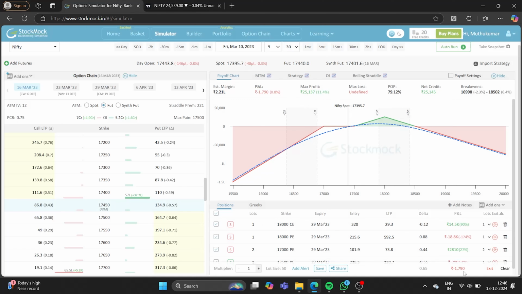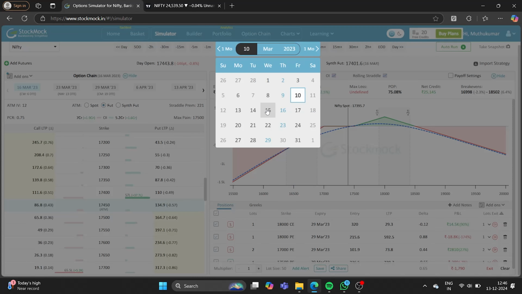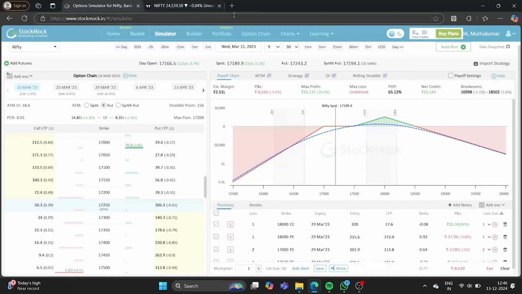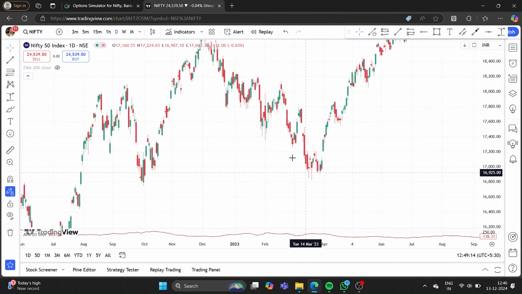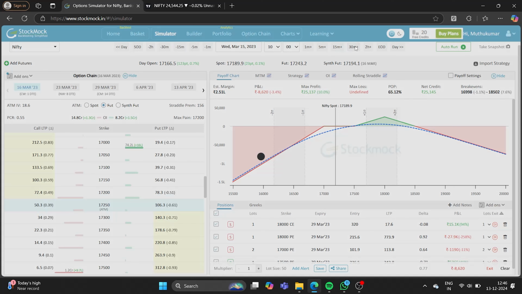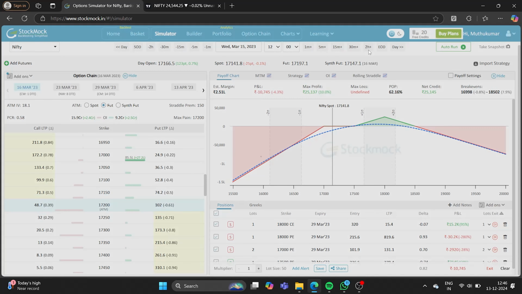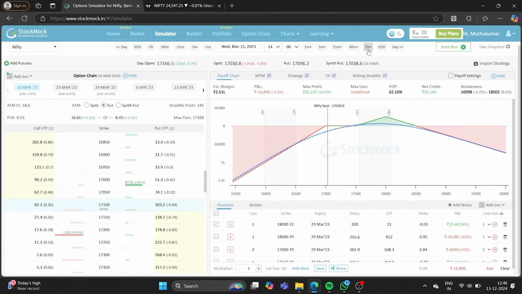On 10th of March we were in the same position, but in loss. On 15th March we breached 17,000. Okay, now the market is at 17,030 rupees. So I will start my adjustment here.